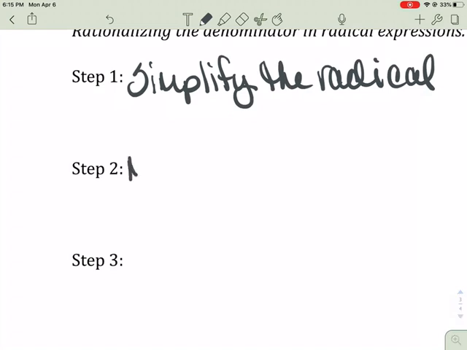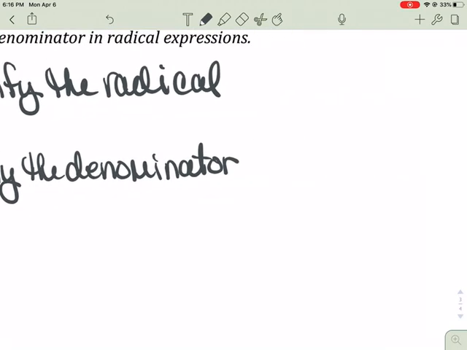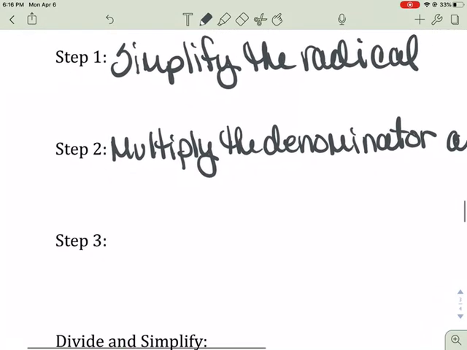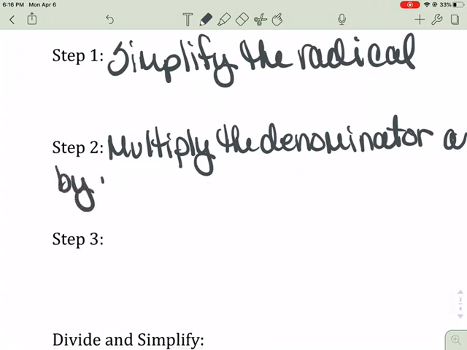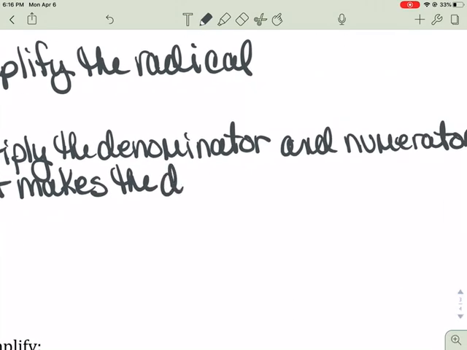So we're going to multiply the denominator and numerator by what makes the denominator a perfect root.